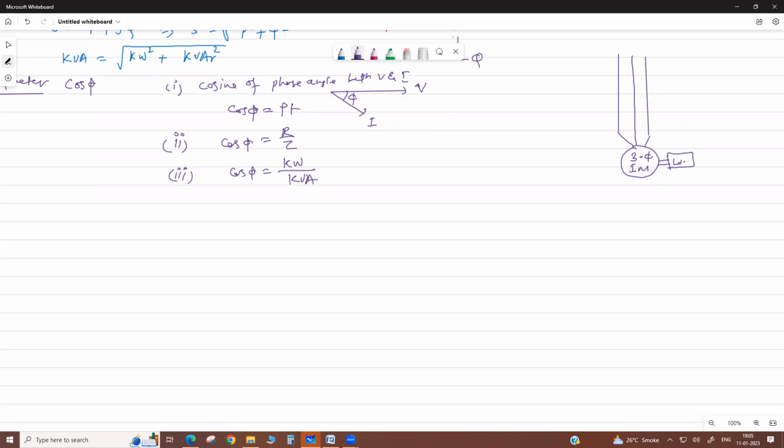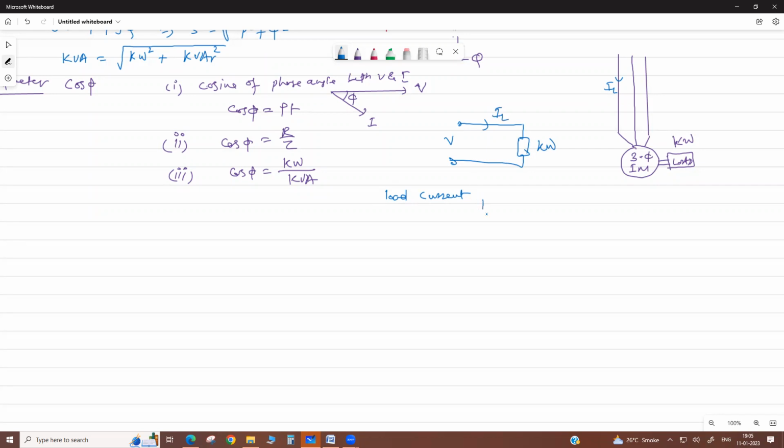This is the mechanical load on it. Then according to the motor, it draws the line current, the load current. Or you can make a simple circuit like this: this is your kilowatt load, this is voltage, then this is load current.